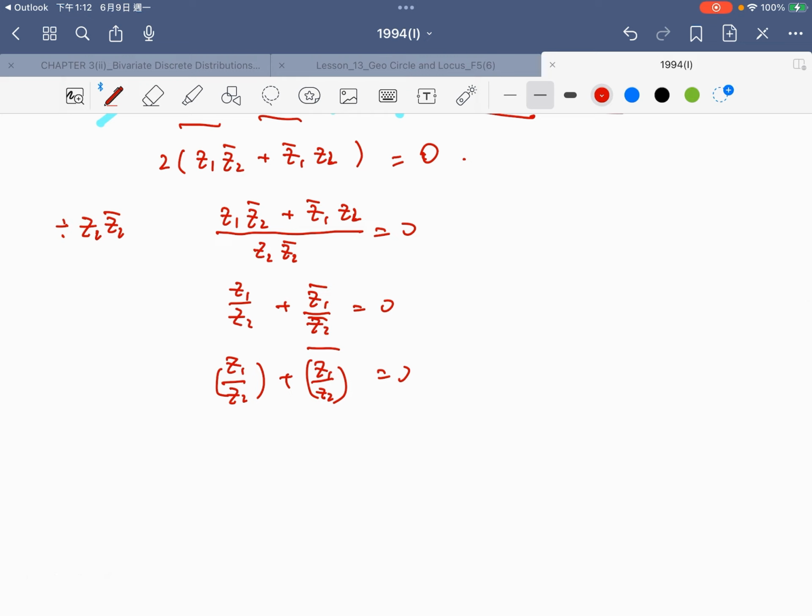And then by part A, if this format equal to 0, then the argument of z1 over z2 equal to pi over 2, or negative pi over 2.